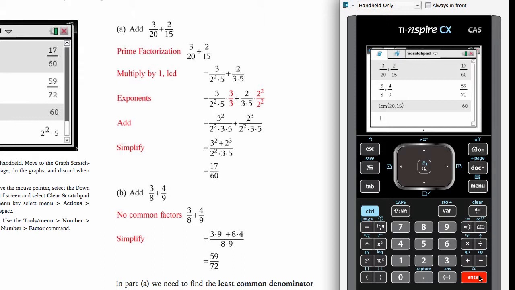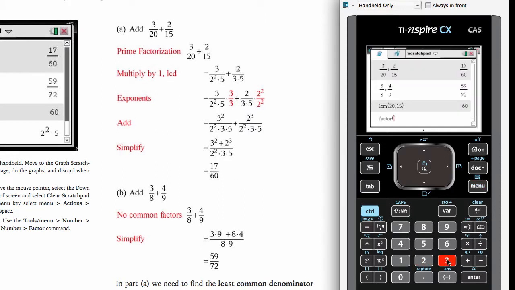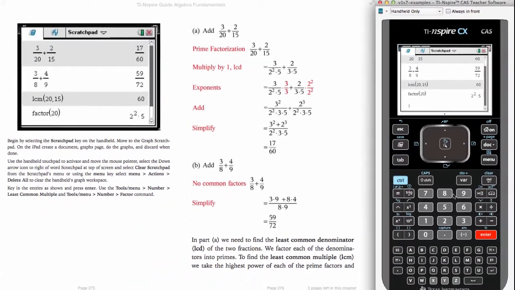We can also use it to help with the factoring of these numbers. So go to our menu, go to number, go to factor, number 3, type in 20, press enter, and get 2 squared times 5.